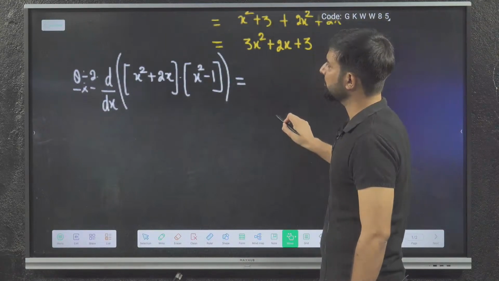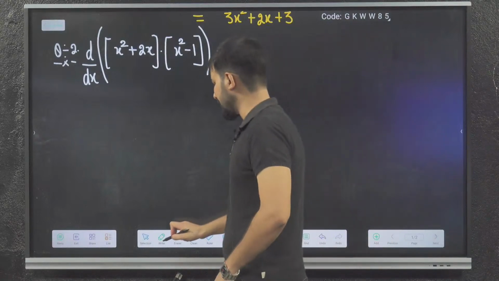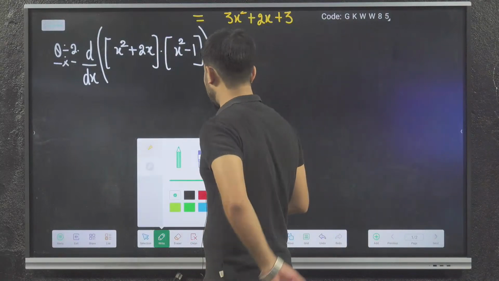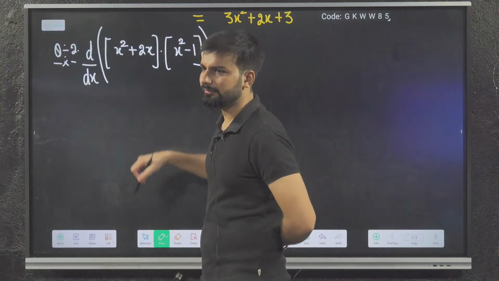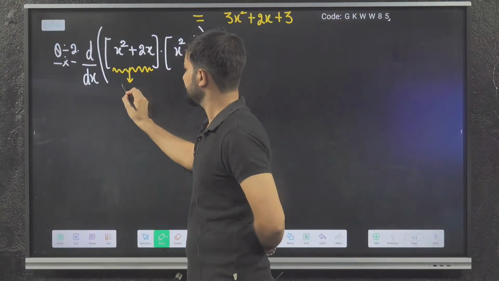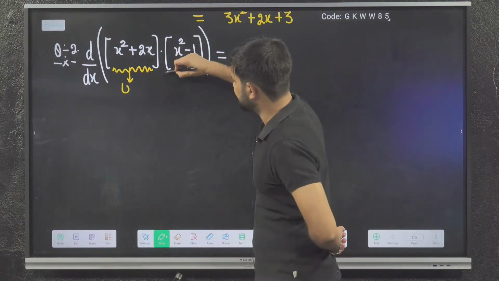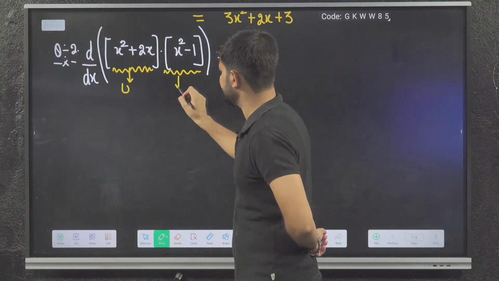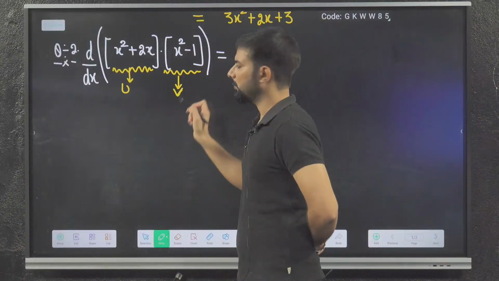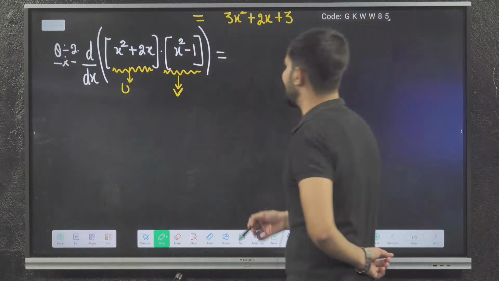I will also solve; you will solve in your notebook. Same steps you have to follow, the steps that I have taught you guys. The very first step, assume this to be the first function, this is my first function, and this is my second function. Next step, write the formula. What is the formula we are having?